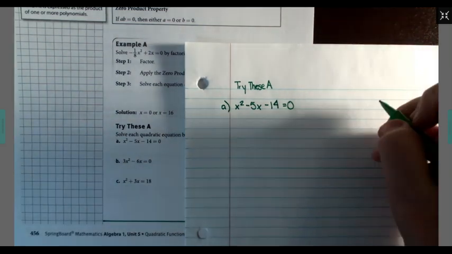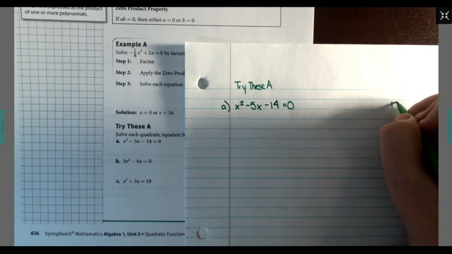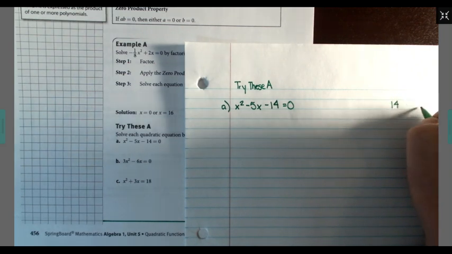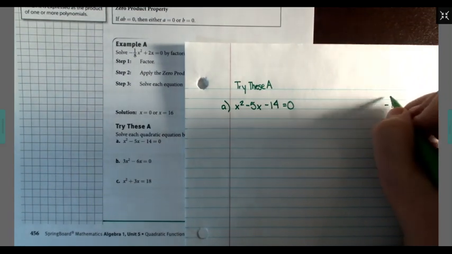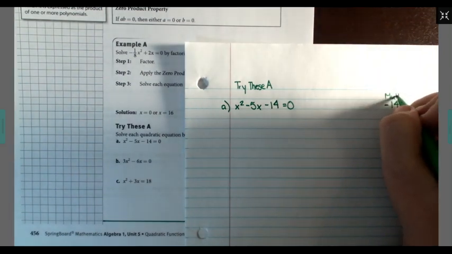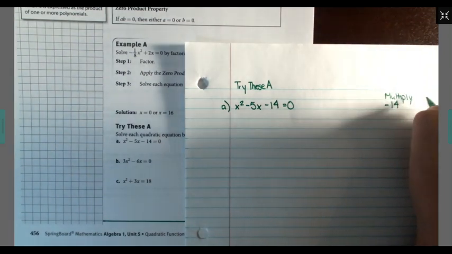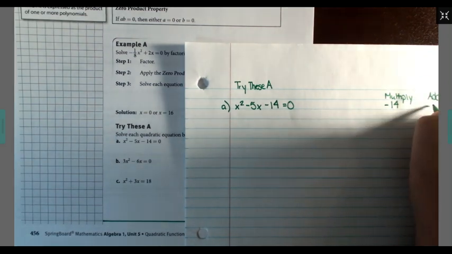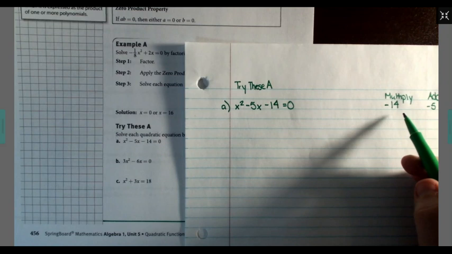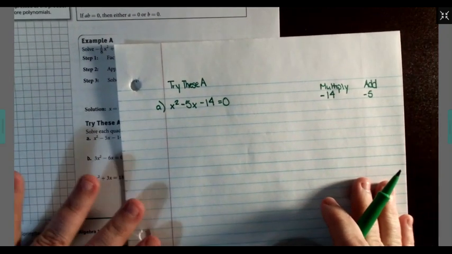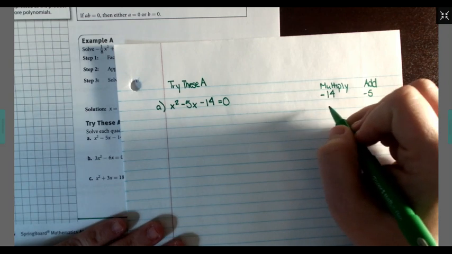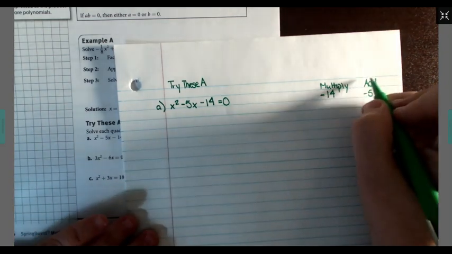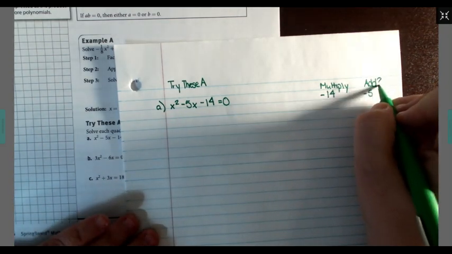So I want two numbers that when multiplied give me negative 14, and when we add, we get negative 5. Now recall that this is a negative, so that means one number has to be positive while the other has to be negative. Since they're opposite signs, we're actually going to be subtracting here.